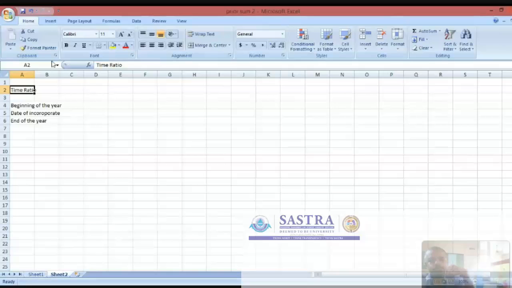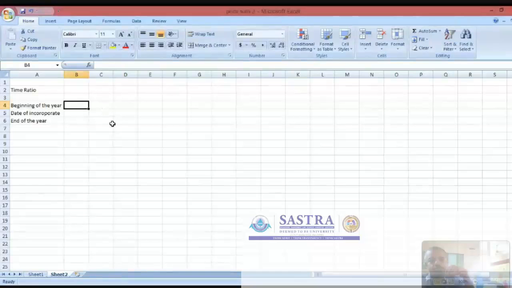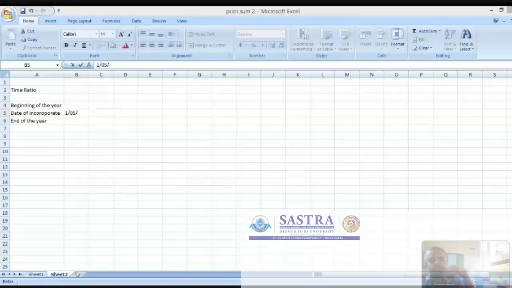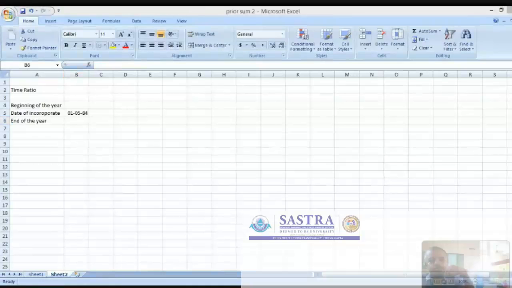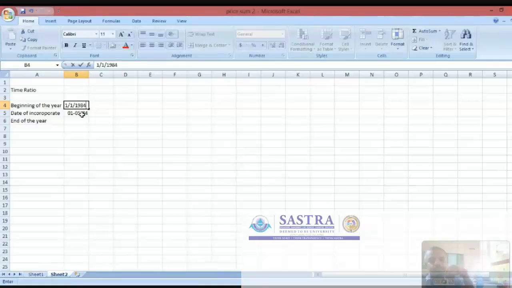Here, when you go through it, the beginning of the year is given. The question says a company was incorporated on 1st May, so the incorporation date is 1/5/1984. Then the second one, to take over the business as a going concern from 1st January, so it's going to be 1/1/1984.